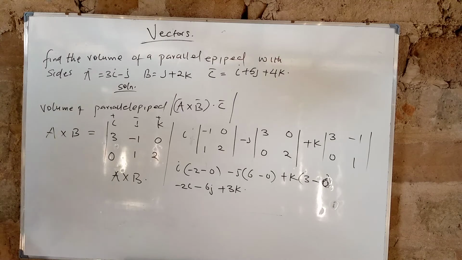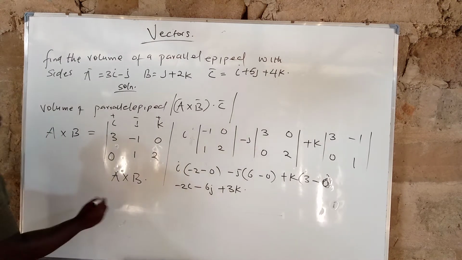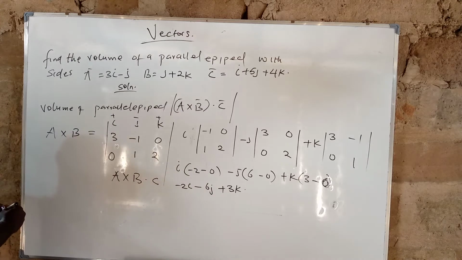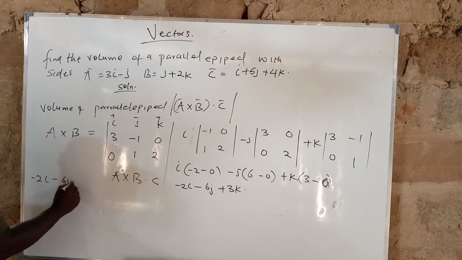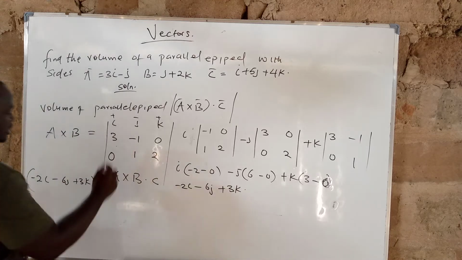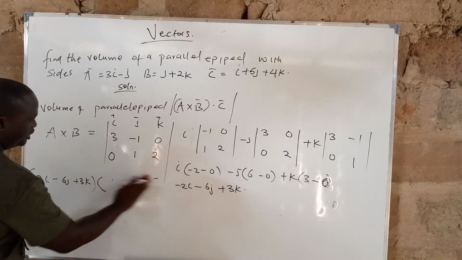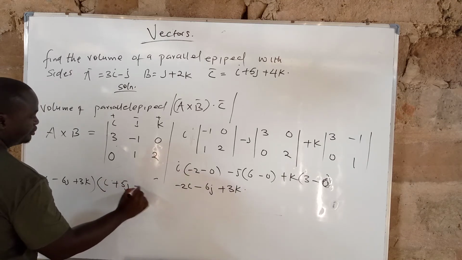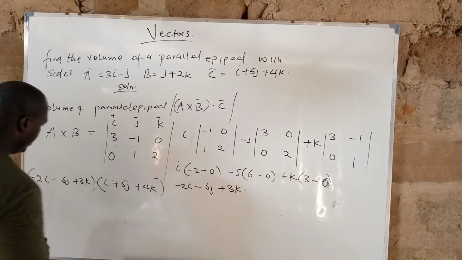Now if you get that to be the answer to A cross B, all you need to do right now is to get the dot product. Remember the formula: A cross B dot C. So I want to multiply those two things together. This is -2i minus 6j plus 3k, and then the next one is your C, which is i plus 5j plus 4k.